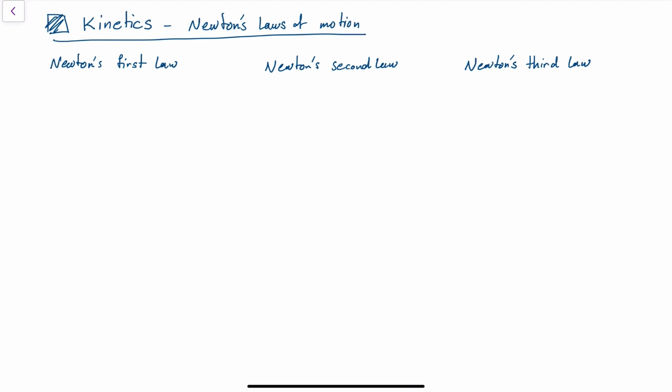So we developed a lot of tools and methods to properly find the relationship between these kinematic variables. Now that we can properly describe the motion, it is time to take a step back and study the causes of that motion. In other words, what are the forces that lead to the observed motion?